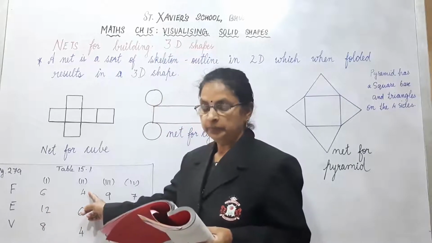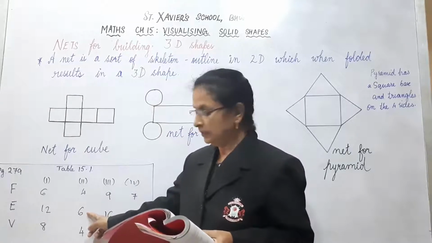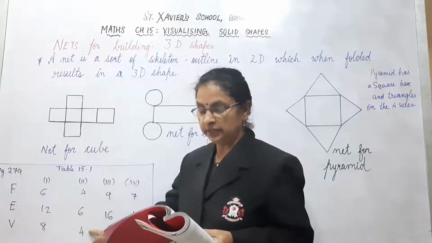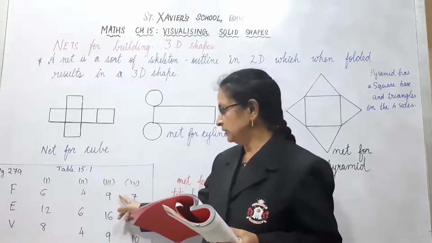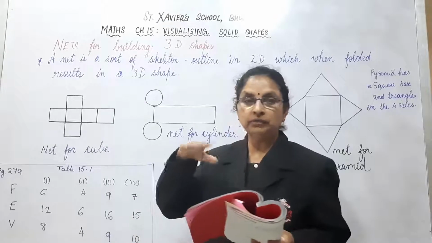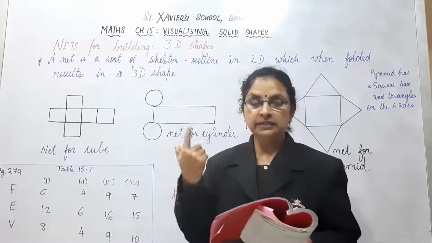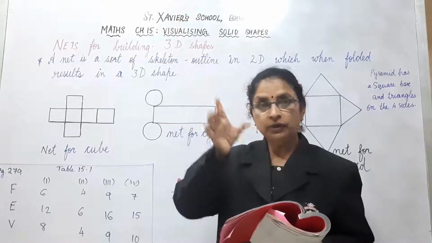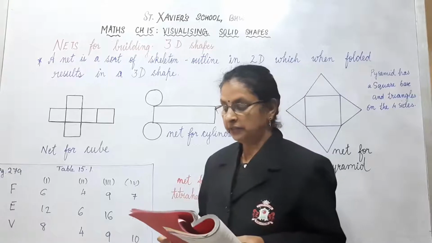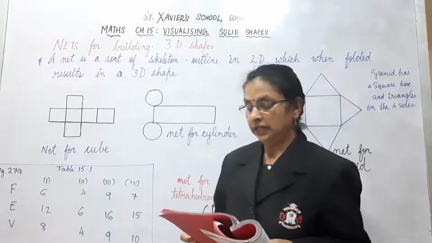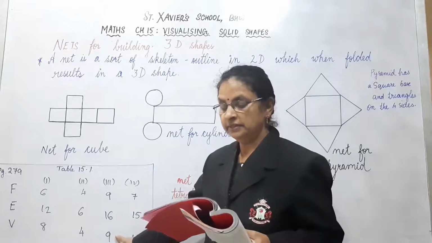And the third figure has 9 faces. The upper part of the cube we don't count because all the 4 sides and bottom, then 4 triangular sides. So total 9 faces, 16 edges and 9 vertices.